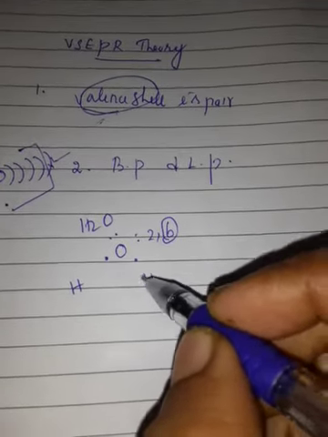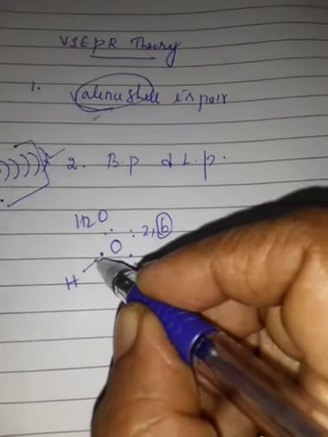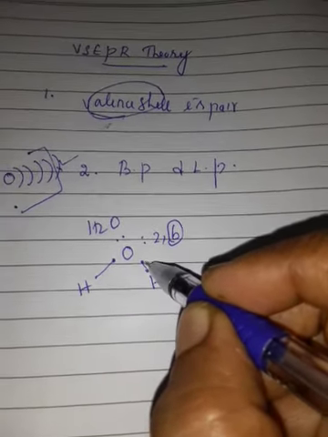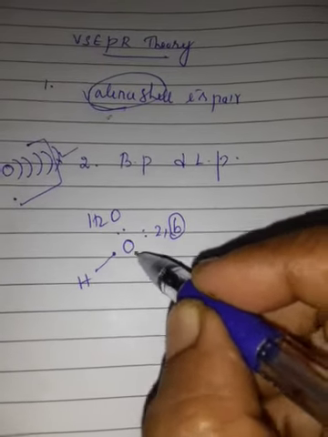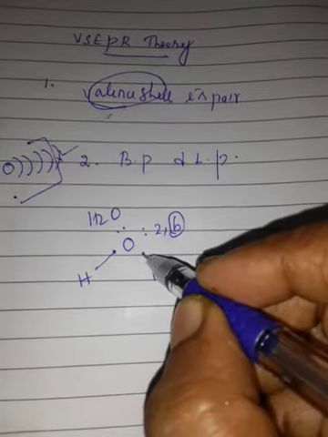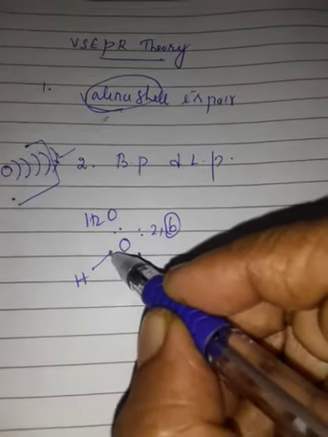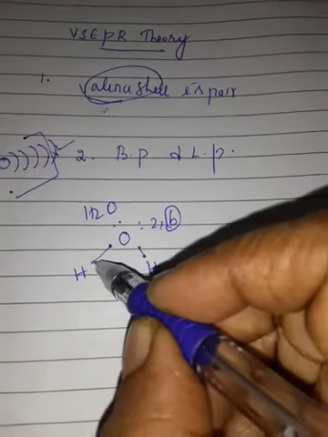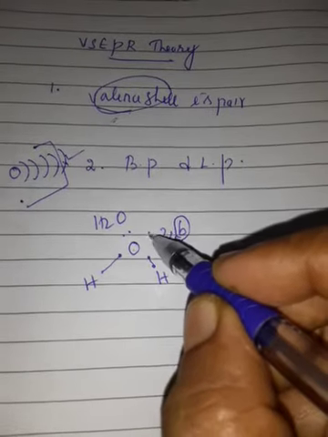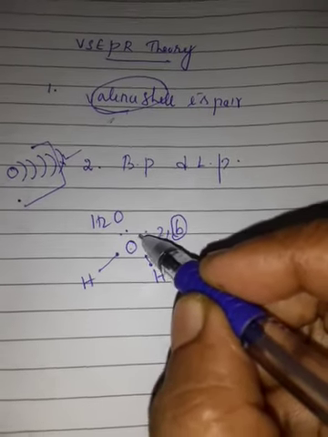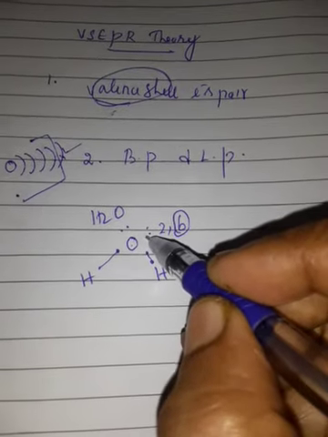Hydrogen has atomic number 1, so only 1 electron, and a bond is formed here. A bond consists of 2 electrons, 1 belonging to hydrogen, 1 belonging to oxygen. Here also 1 bond, 2 electrons, 1 from hydrogen, 1 from oxygen. Then these two pairs are kept lonely. They are not involved in bonding.